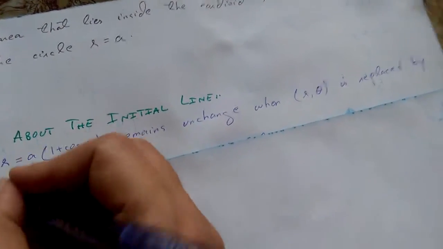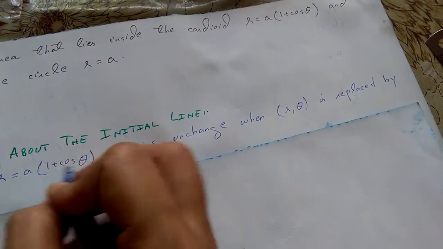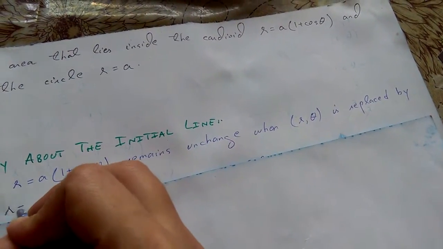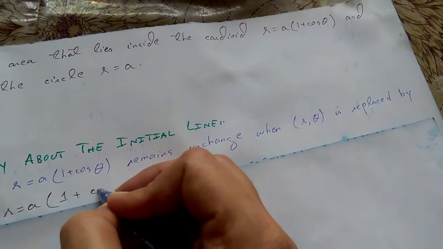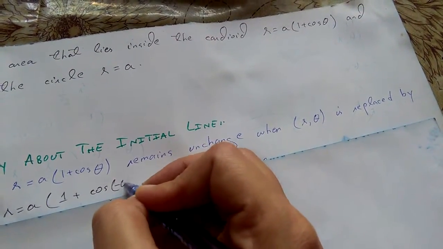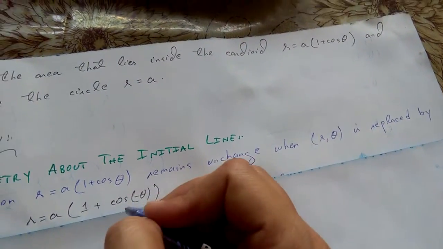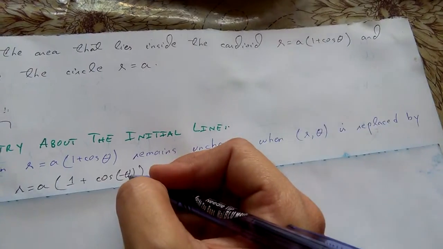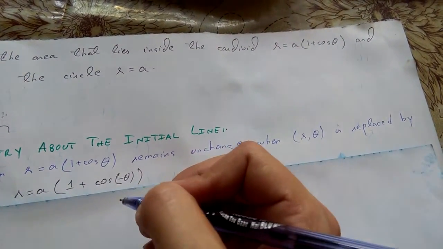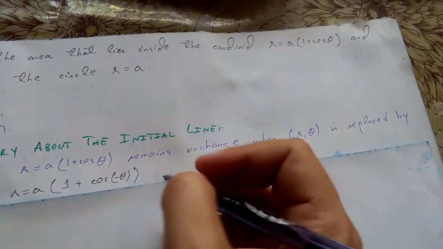So if my r stays r and my theta is replaced by negative theta, we know that cosine is an even function. So if you enter a negative angle, it gives you a positive answer.